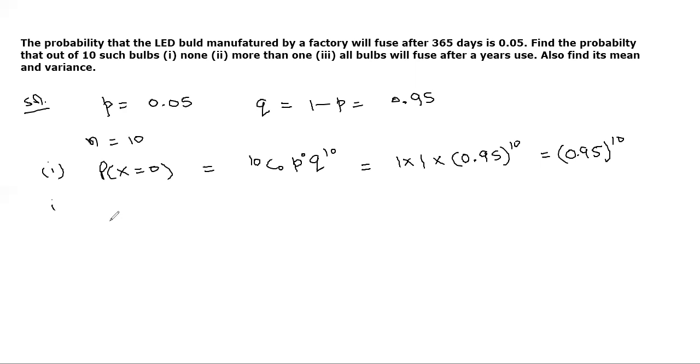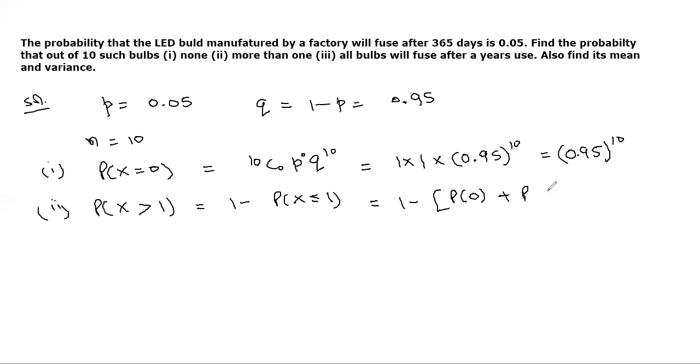The second case is that more than one bulb will fuse. So probability of more than one. It can be found like that, 1 minus probability of less than or equal to one, that is the negation of probability of more than one, because it is easier to find. So this one will be probability of 0 success, 0 fuse of bulb, and probability of 1 success. So that is one of the bulbs will fuse.